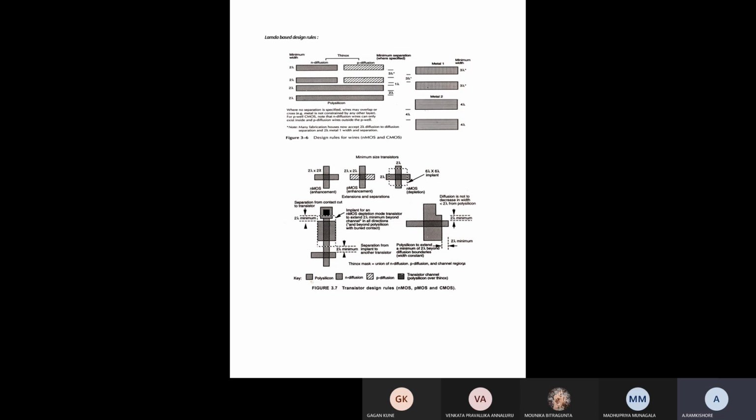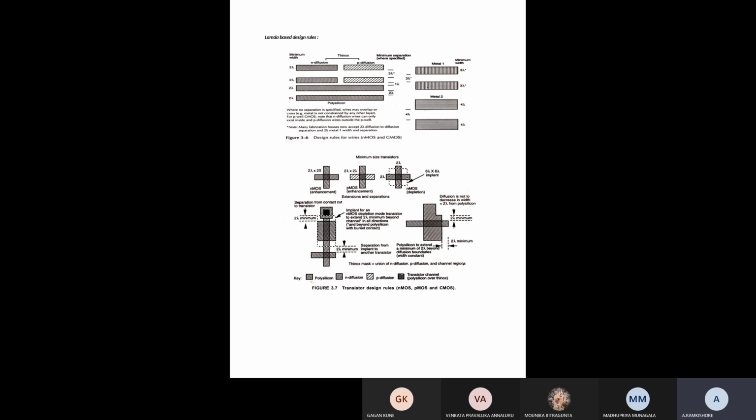And the minimum separation from n diffusion to n diffusion, for example when we connect two or more transistors in series, we have to indicate some separating value from one layer to another. For n diffusion to n diffusion, we have to maintain 3 lambda.